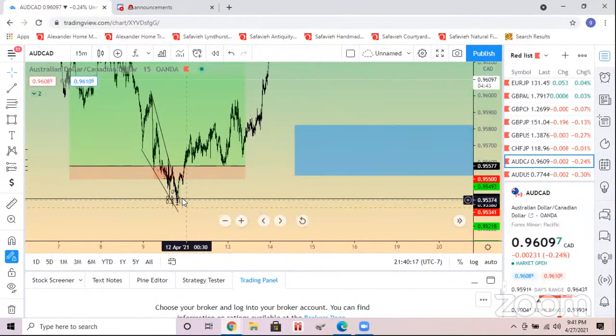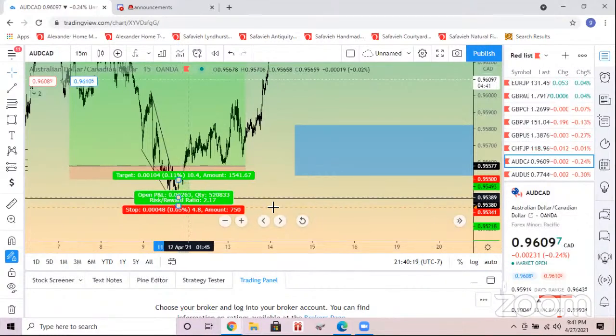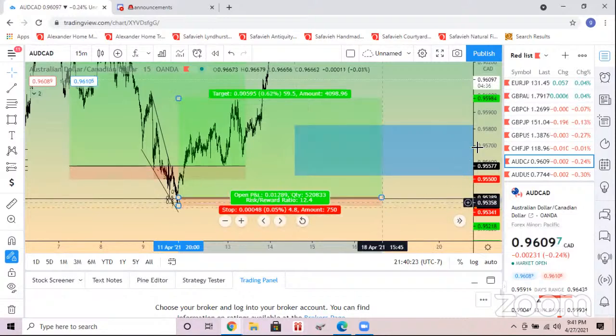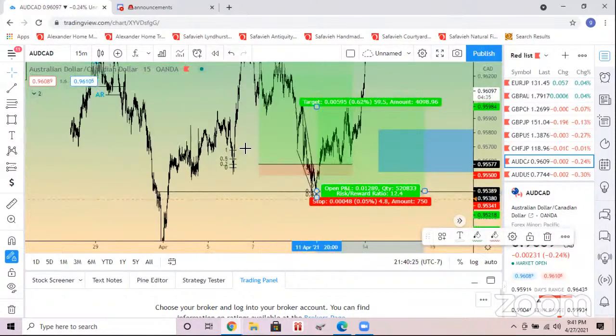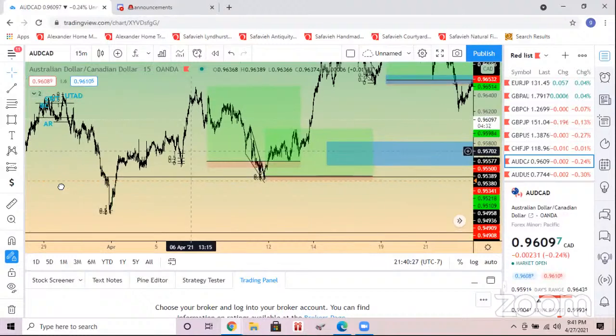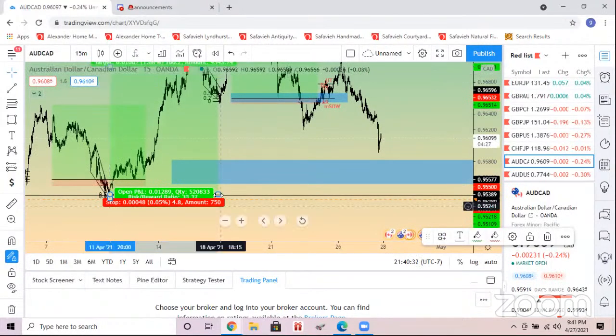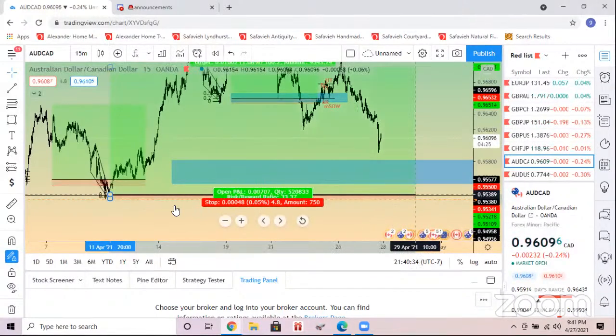Let's find our, there it is. Make this a little larger. So this would be the limit I'll be setting right there.